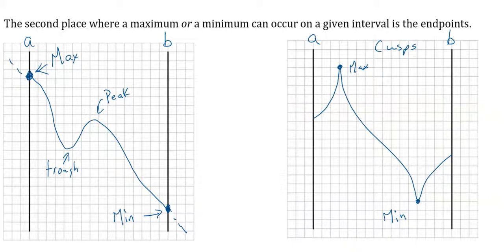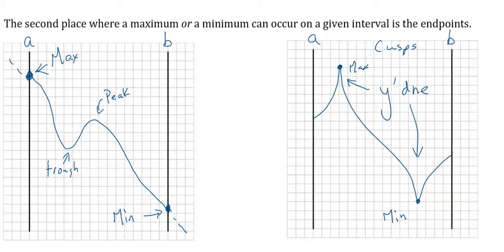What do you think is true of the derivative at those points, or who remembers we have actually talked about this a little bit before? What would be true of a derivative? Very good. So in these cases, y prime does not exist at cusps.